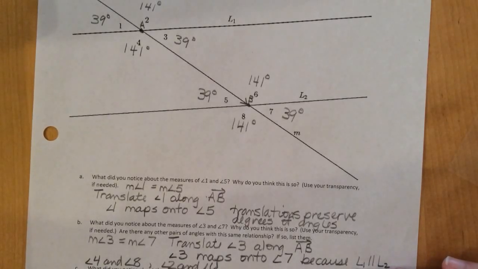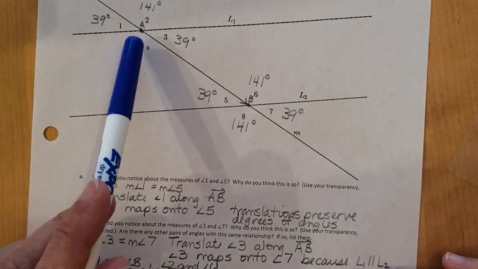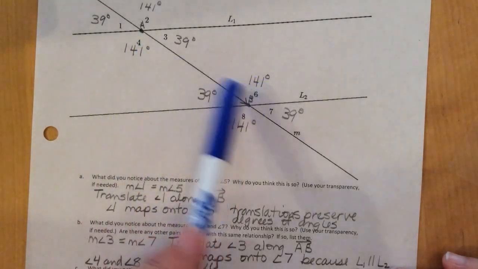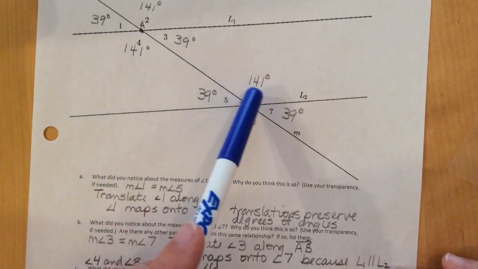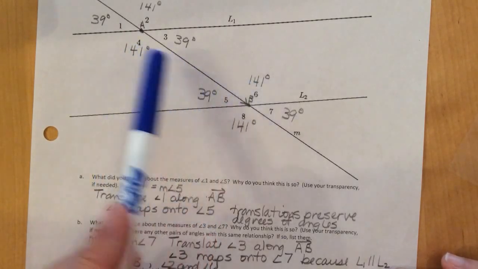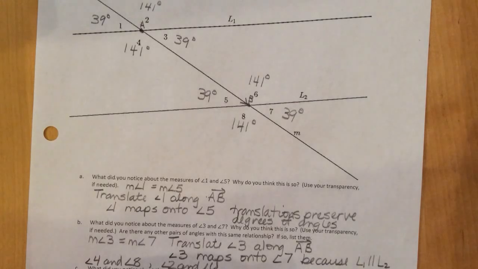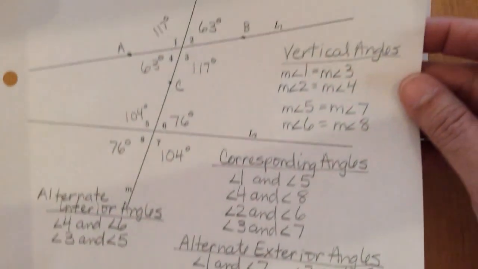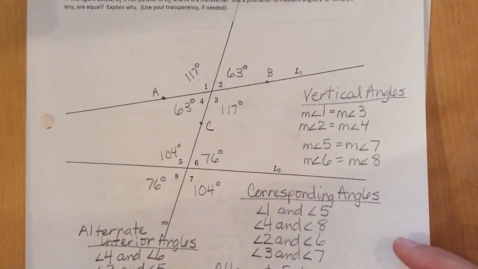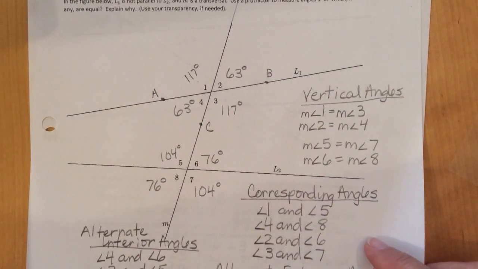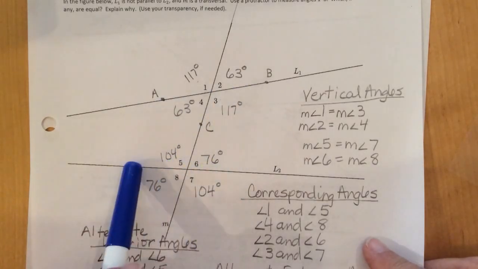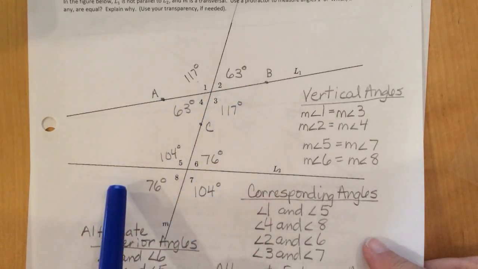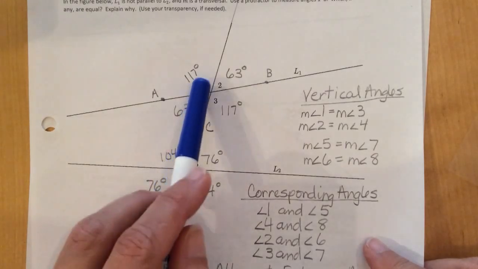Okay, so in part C, you were exploring angle 4 and angle 6. So are these corresponding angles? If you go back to your notes here, and of course this diagram is labeled the same, the corresponding angles are the ones that are in the same position in relationship to these two lines and the transversal, so 1 and 5.